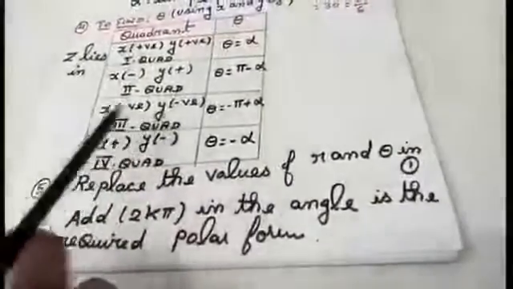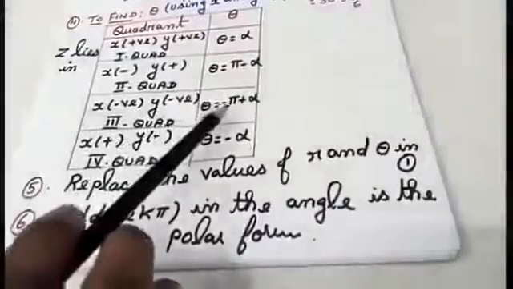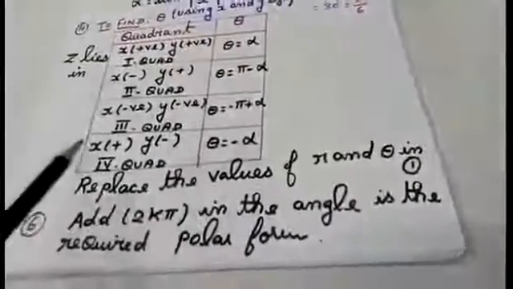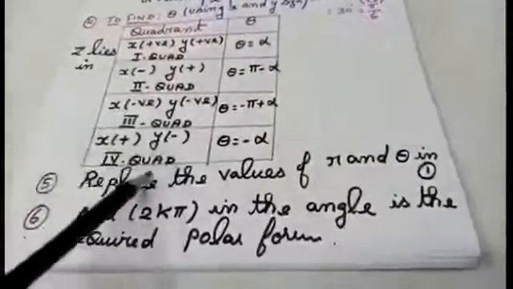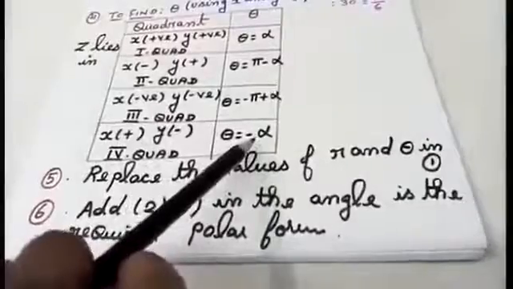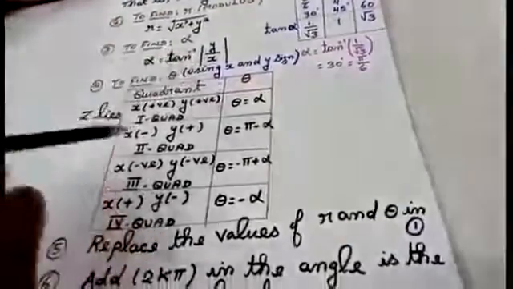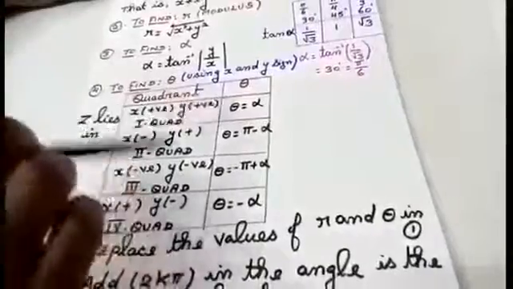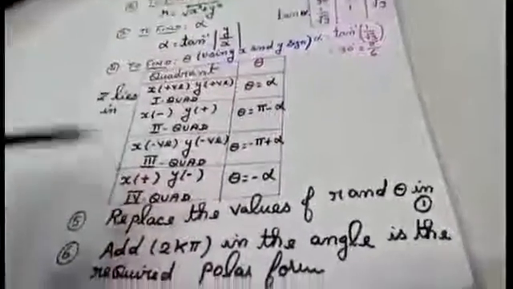If x and y both are negative, z lies in the third quadrant, theta equals minus pi plus alpha. If x is positive and y is negative, z lies in the fourth quadrant, that is theta equals minus alpha, students. So in the fourth step I am converting this alpha value and substituting it in theta. This is a way to find theta using this concept.